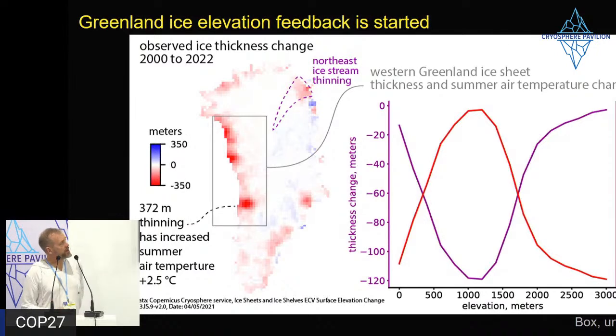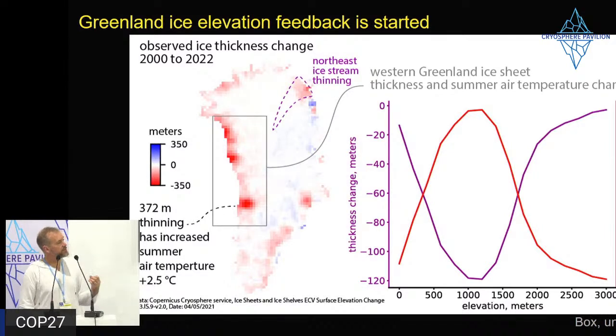You can see for the box covering West Greenland, there's an average thinning of 170 meters. There is observed thinning on the Northeast Greenland ice stream, and the thinning and the associated warming is near the so-called equilibrium line altitude.